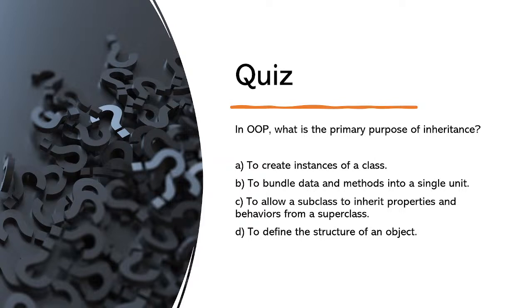Now it's your quiz time. Just type in chat the answer for this. In OOPs, what is the primary purpose of inheritance? To create an instance of a class, to bundle the data and methods into a single unit, to allow a subclass to inherit the properties and behavior of a superclass, or to define the structure of an object.